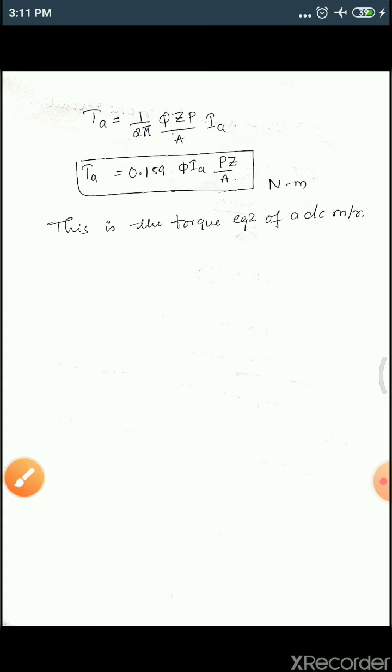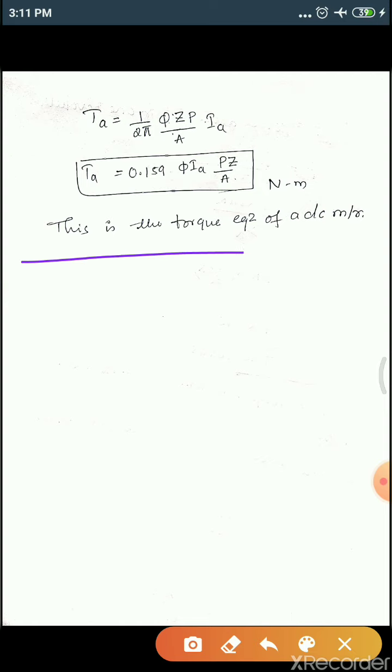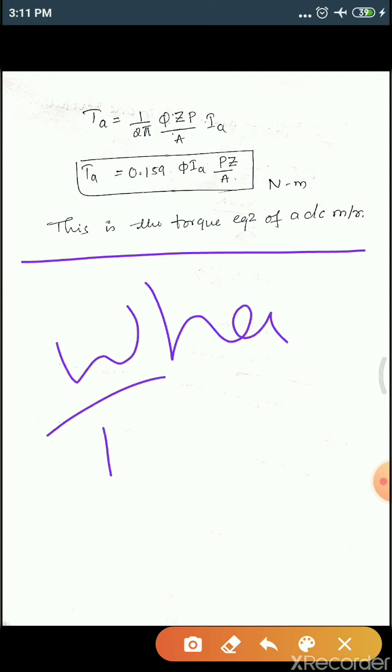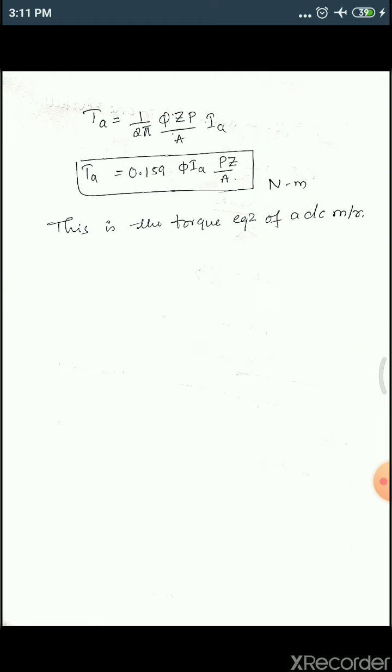Hope you have got this. Remember, for exams they will ask you for the torque equation of a DC motor, and you are supposed to draw this derivation. Thank you.